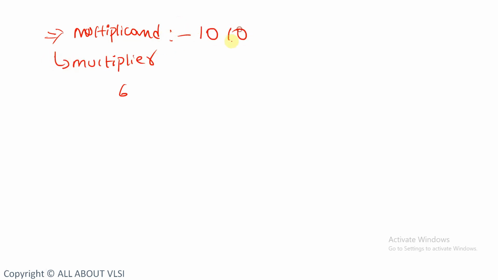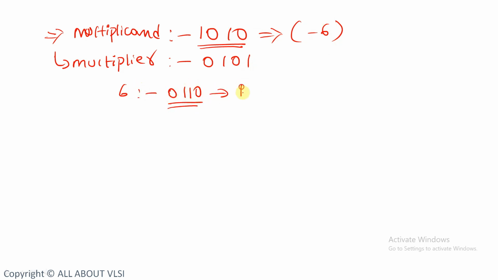So we have two numbers. Let's say one is the multiplicand and another is the multiplier. Let's say the multiplicand is 1010 and the multiplier is 0101. This 1010 is the 2's complement representation of -6. 6 is nothing but 0110, and if you apply 2's complement, it is nothing but 1010.